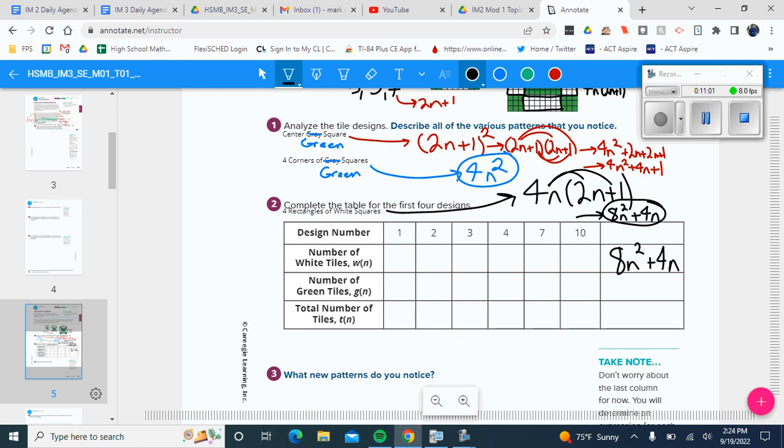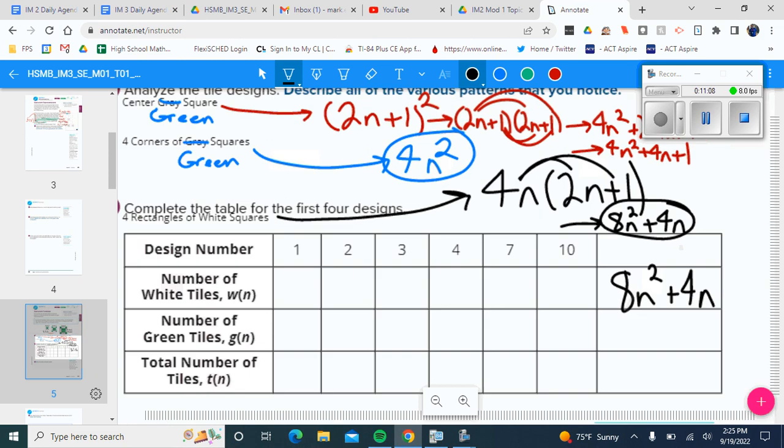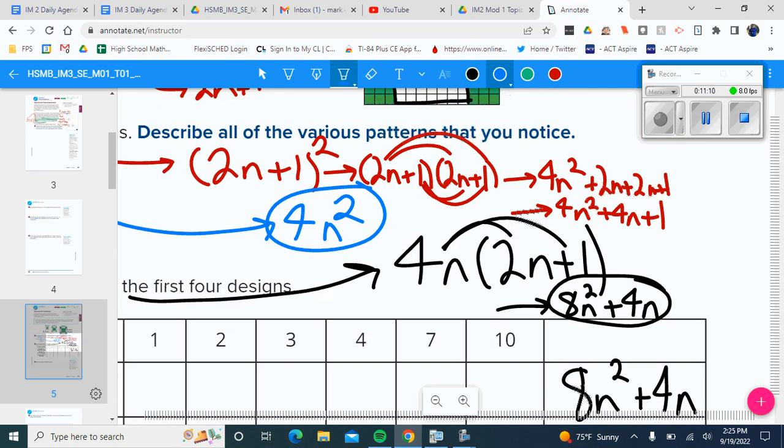The number of green tiles was the center green square, the big one, and the four corners of green squares. So I'm going to take, and I'll highlight what I'm taking here, the 4n squared plus 4n plus 1, and then we're going to combine it with the corner, which is 4n squared.